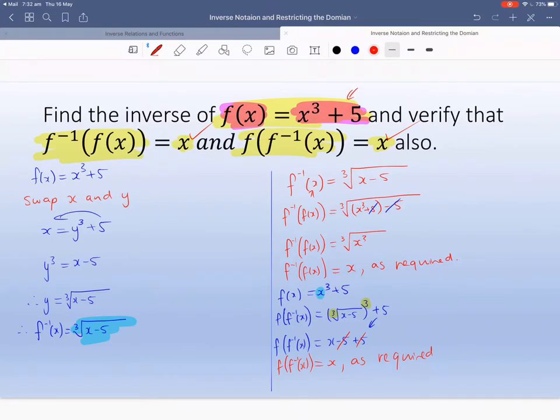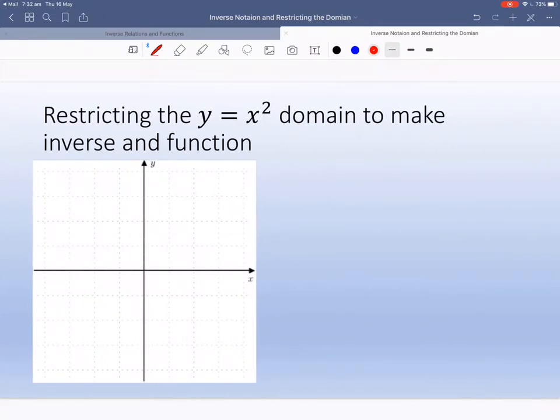Woohoo! Okay, one more thing. We're going to talk about domain and range. So we're going to bring in y equals x squared. Now the inverse, we said we're going to swap x and y, so x equals y squared, and I'm going to draw that in a different color.